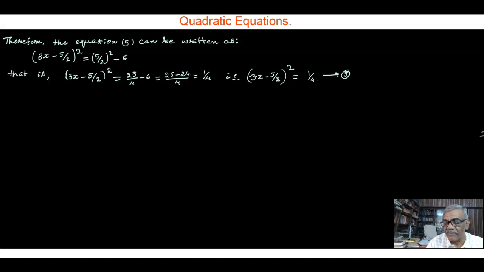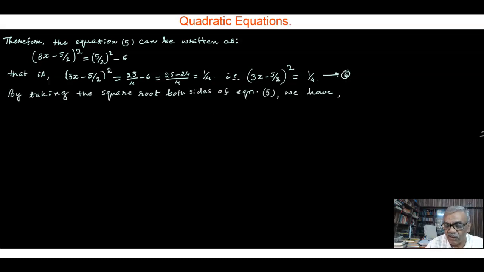So 3x minus 5 by 2 whole square is equal to 1 by 4. Call this equation 6. Therefore by taking the square root on both sides of equation 6, we have 3x minus 5 by 2 is equal to plus or minus 1 by 2.